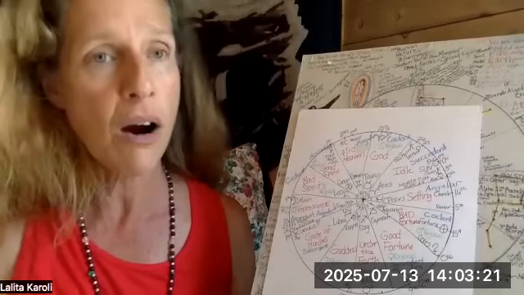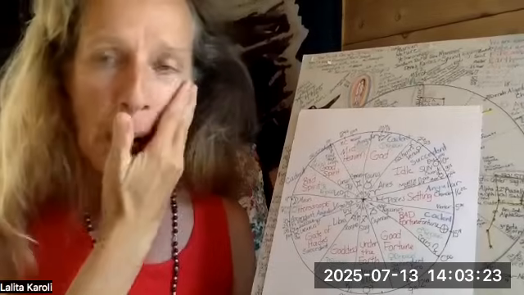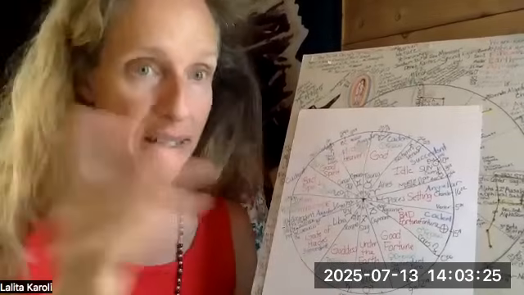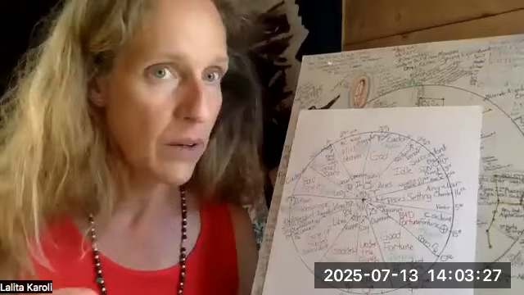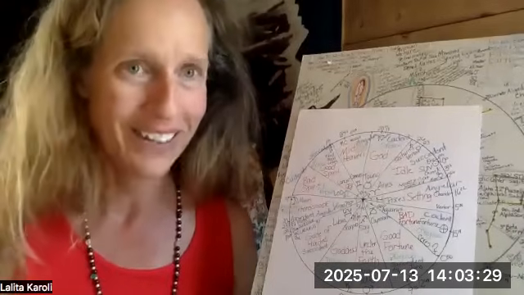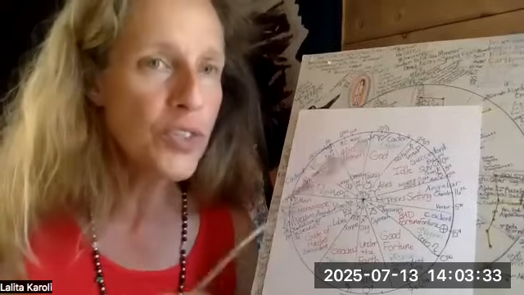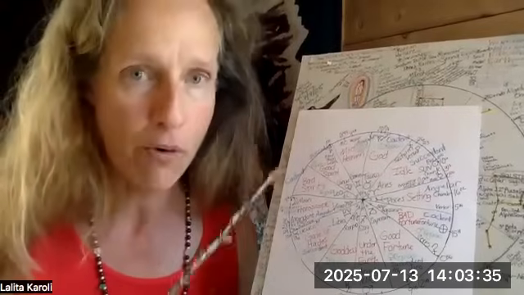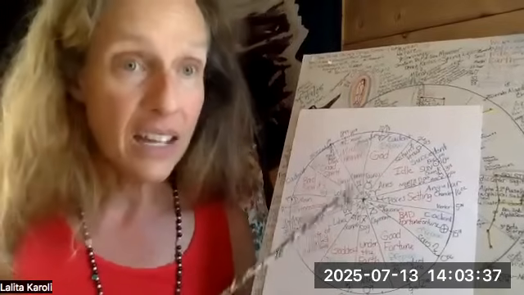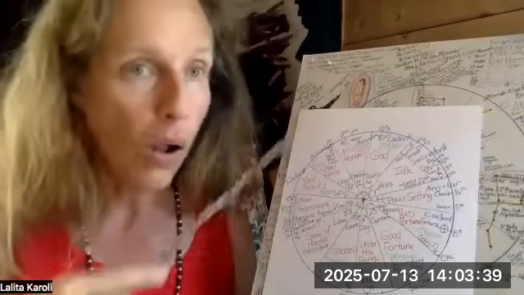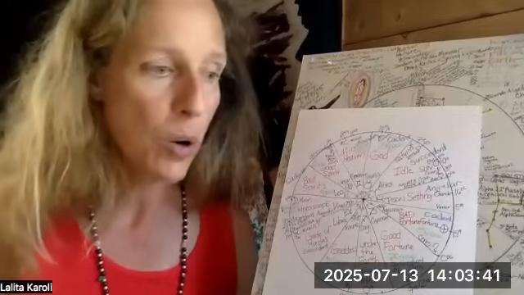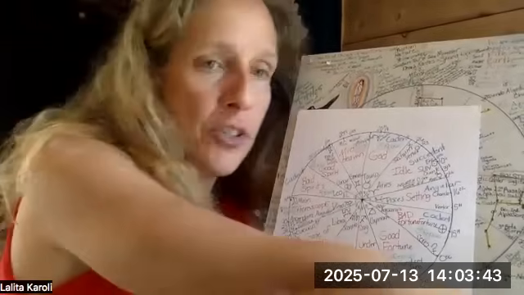That is a very hard memory for me. That would also be why my IC is in the fifth house of creating children. It's unbelievable. This is not only your personal this time round, this is all your lifetimes trying to show up.